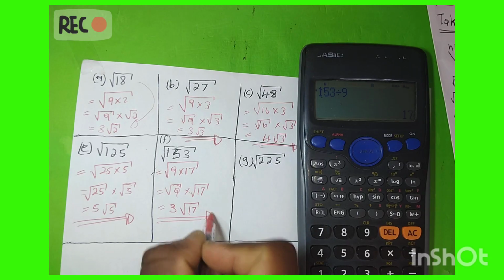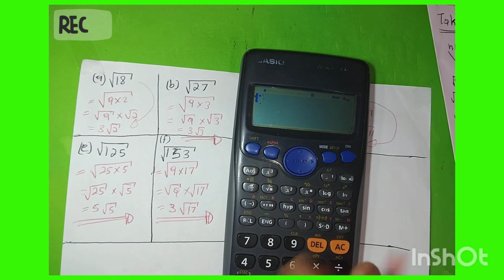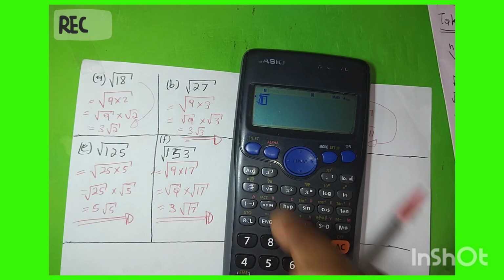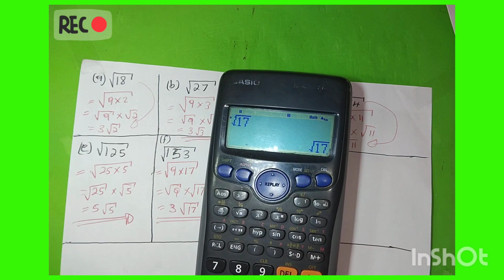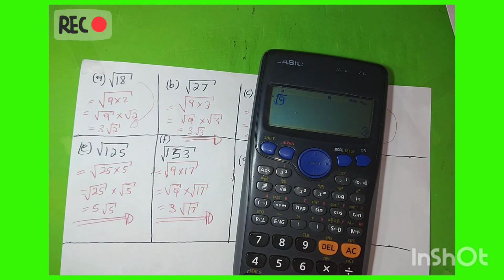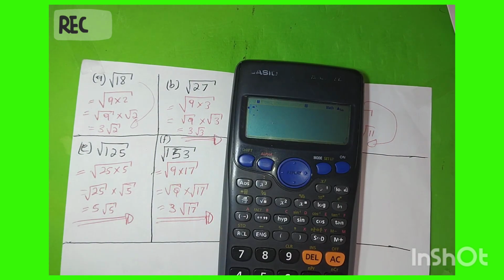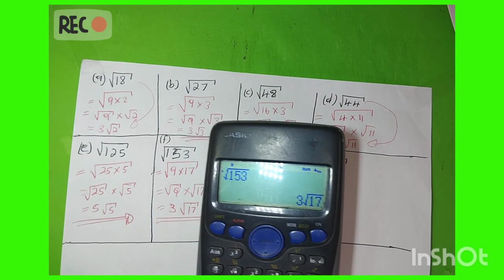Leave your answer like that, because you cannot take the square root of 17, but the square root of 9 is 3. So when you check your answer, this is the answer that you got.